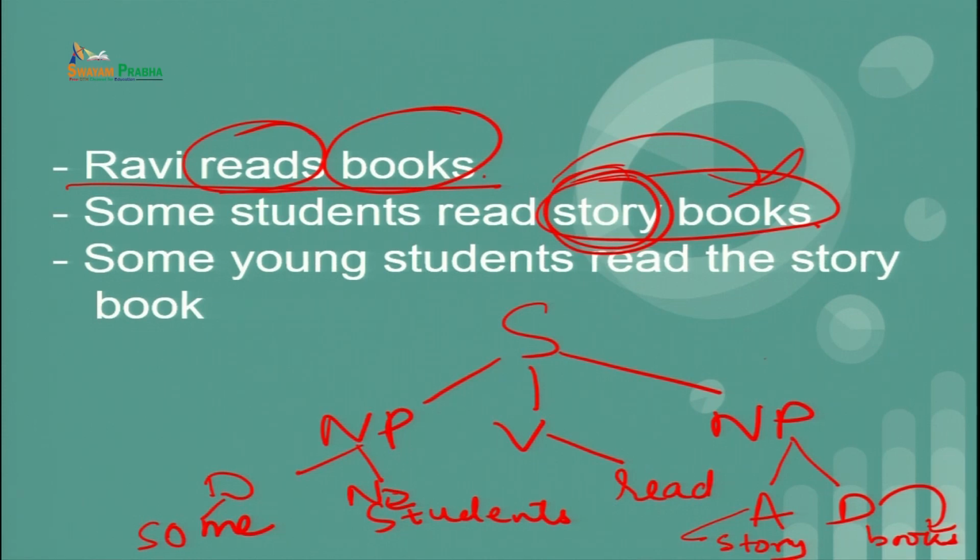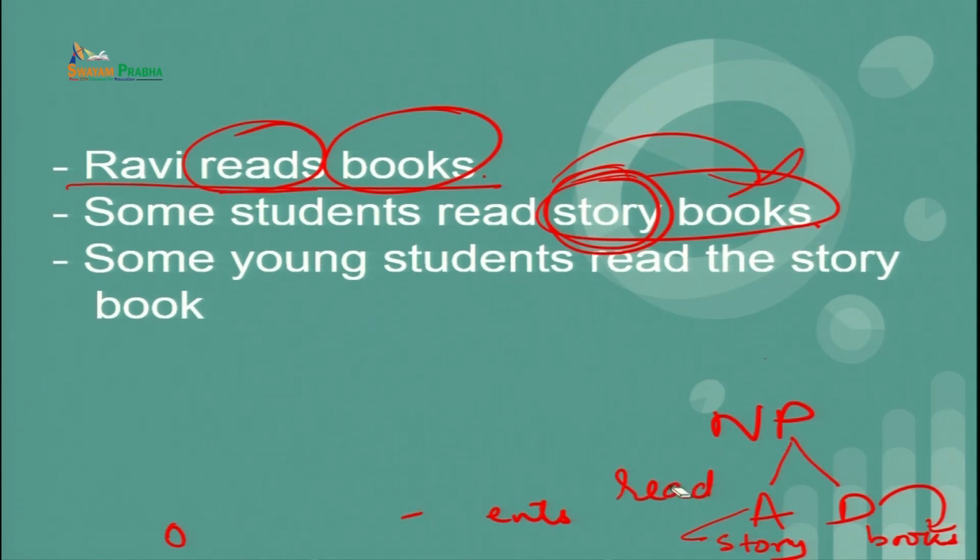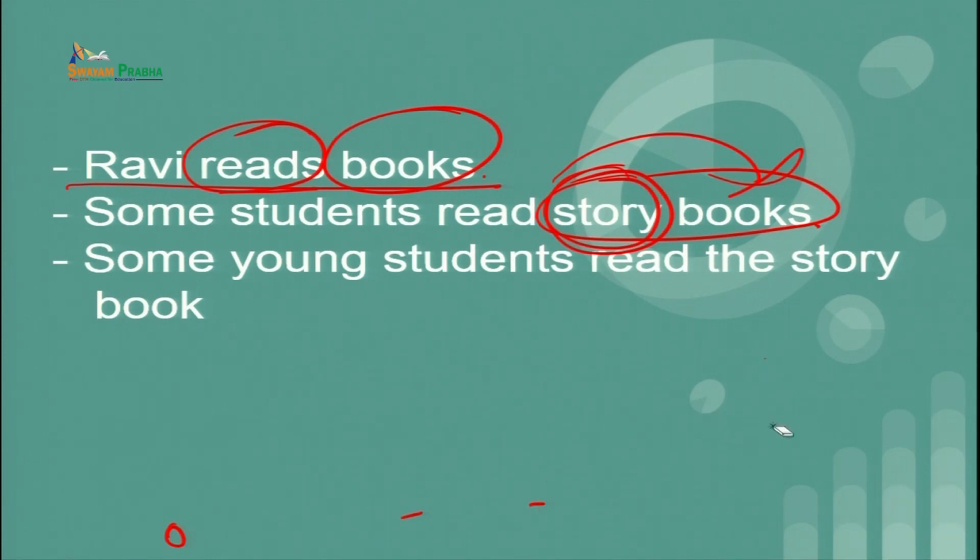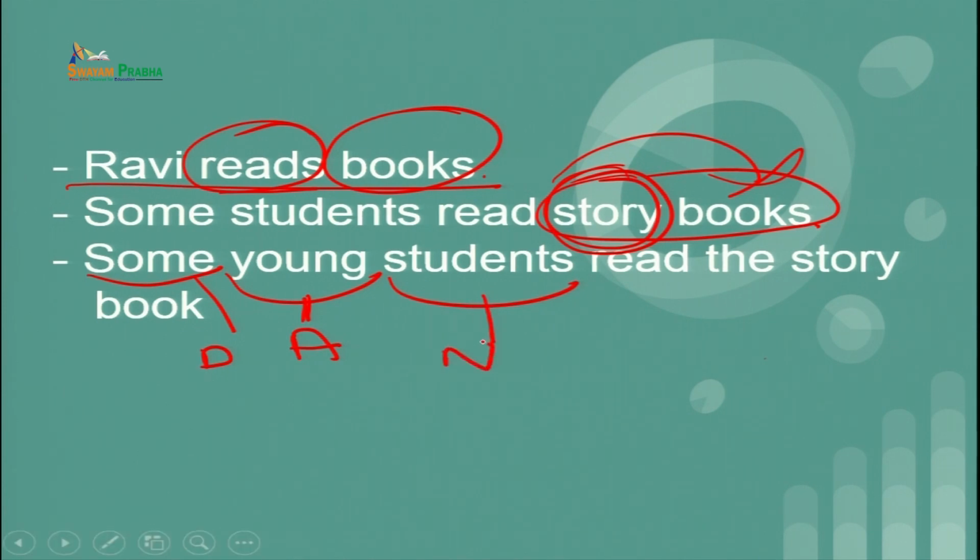In the next example, as you see, it is written, some young students read the story book. Now, this is an interesting one, and I am sure you will be able to do it. I am leaving it to you. To give you an idea, some is basically a determiner, young is an adjective, students is a noun, and read is the verb here.